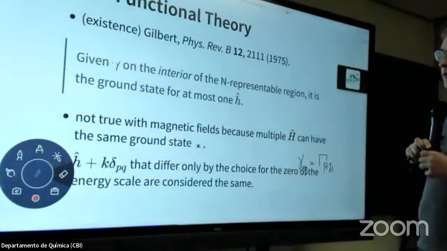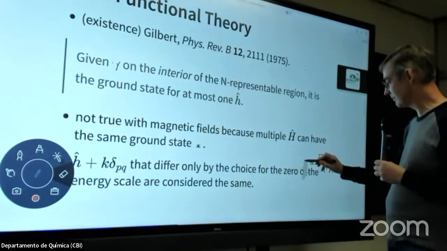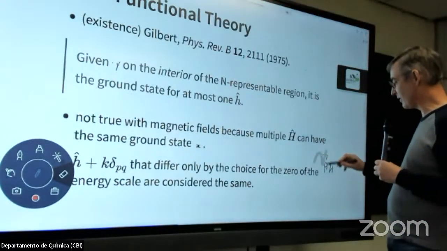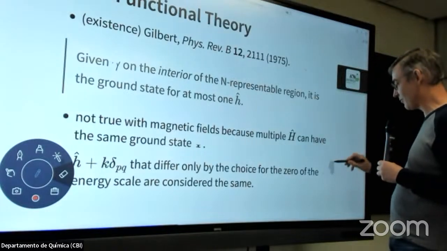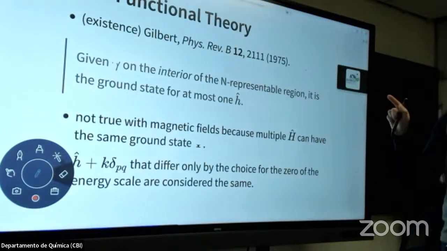Okay. So now we're into density matrix functional theory, right? We're going to take a pause here, and on the next slide, which is designed to write on, I'm going to talk a lot.